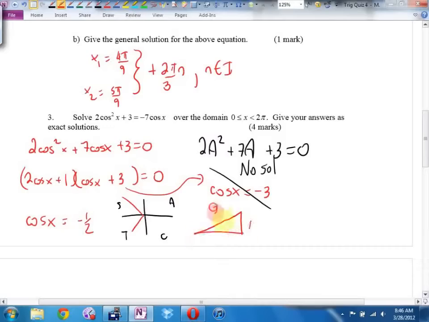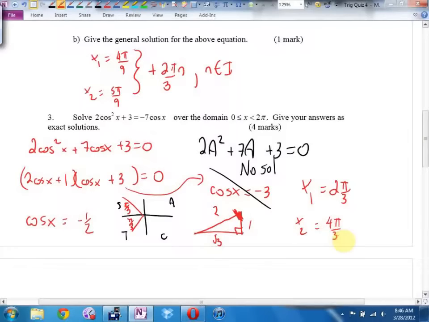It's the 1, 2, root 3 triangle, where this angle here has a cosine of 1/2. My reference angle is pi by 3, which means x1 equals 2 pi by 3, and x2 equals 4 pi by 3.